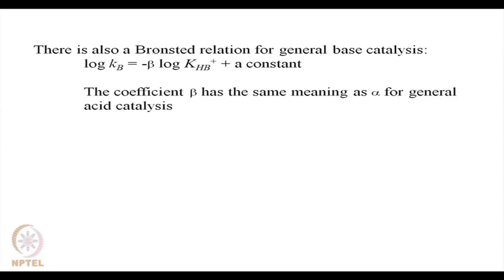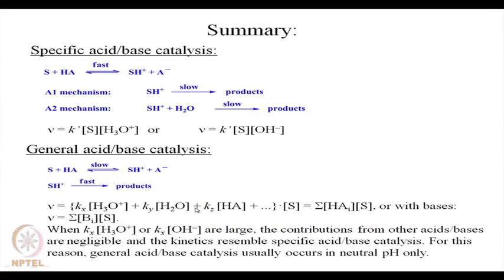It is observed not only in the case of general chemical reactions, but also for biological reactions as well, which we will talk about in the next lecture. But this acid base catalysis has two kinds. One is specific acid base catalysis, and the other is general acid base catalysis.